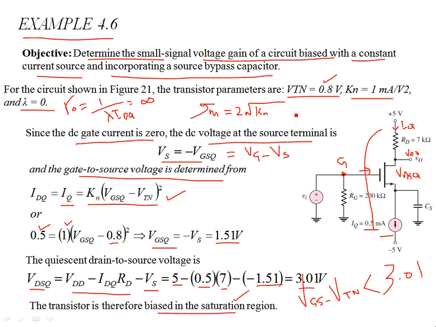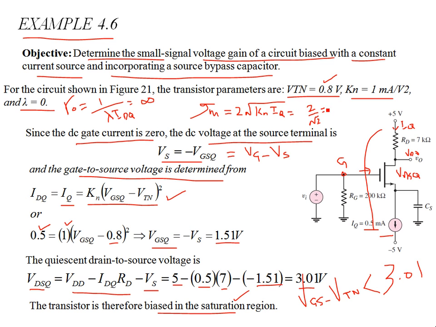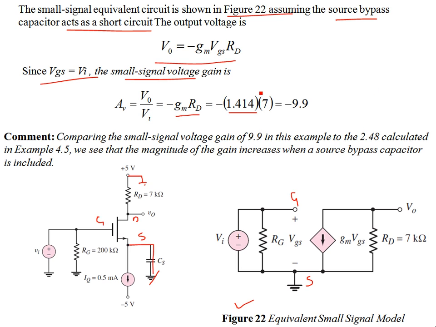Okay, 0.5 is IQ. So it becomes twice over the square root of 2, which is the square root of 2 again. This is about 1.41. So just plug this in, RD is 7 kilo ohms, and this gives the voltage gain as 9.9.